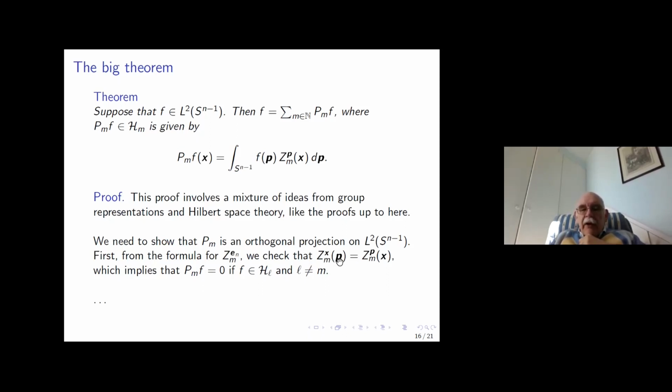That's essentially because this is a function of the inner product of p and x, and the inner product of p and x is the same as the inner product of x and p. So that says that if I have something that is a spherical harmonic of degree l, this coincides with the spherical harmonic of degree m, and the spherical harmonics of different degree are orthogonal to each other, so I get 0. So that's looking like an orthogonal projection.